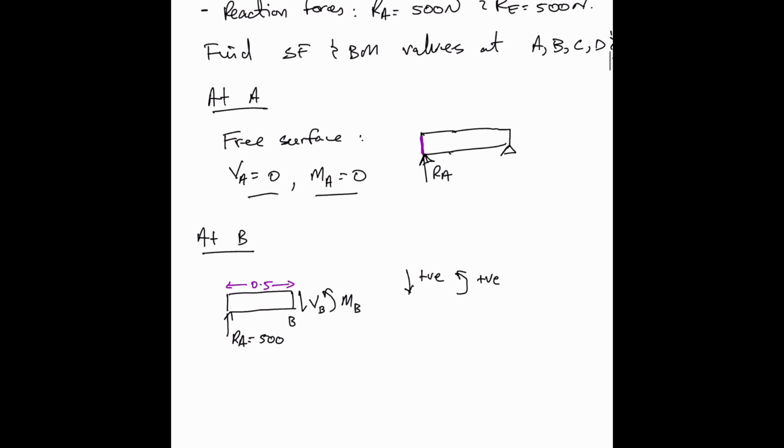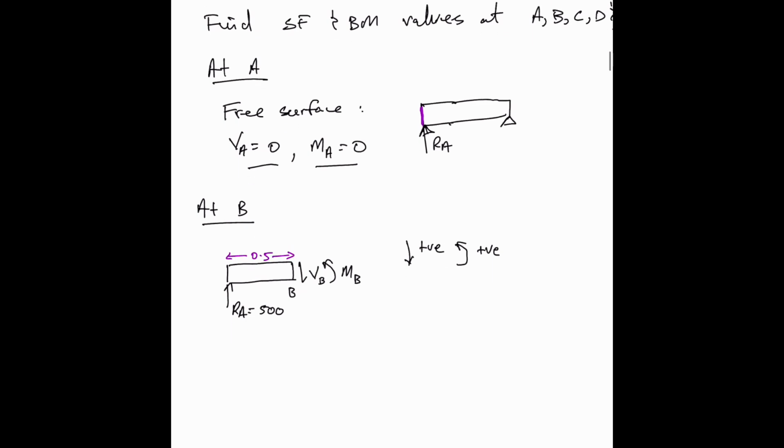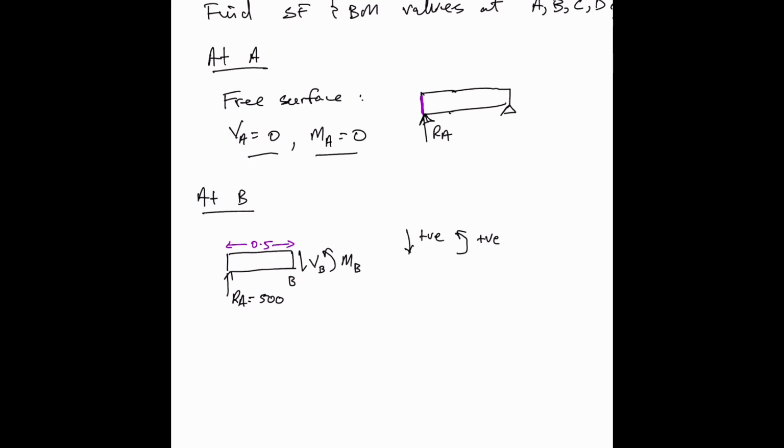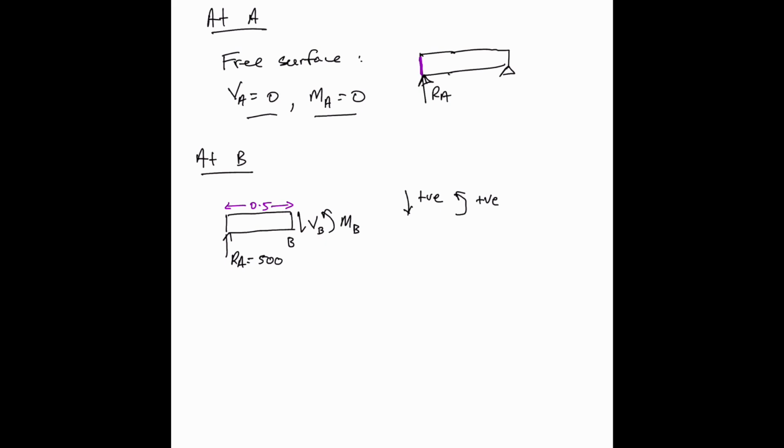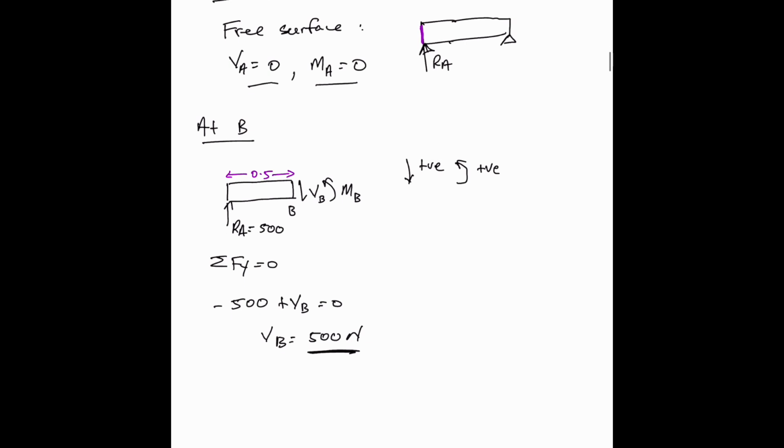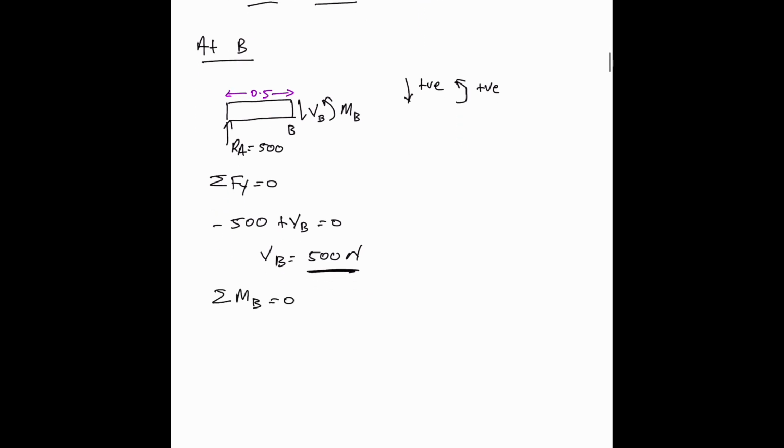That's like what we did in the previous case. We sum the forces in the vertical direction. So we say minus 500, because that's R reacting up, plus VB equal to 0. VB is 500 newtons. So that's our shear force value at B. For the bending moment, we take moments about B, equal to 0.